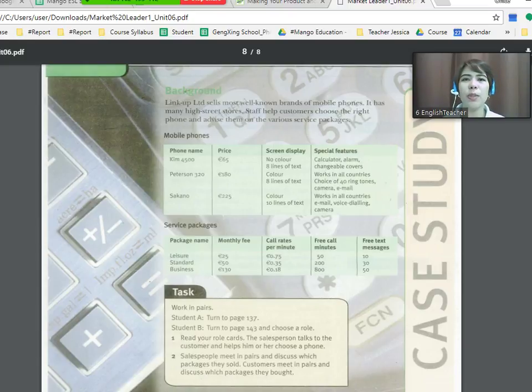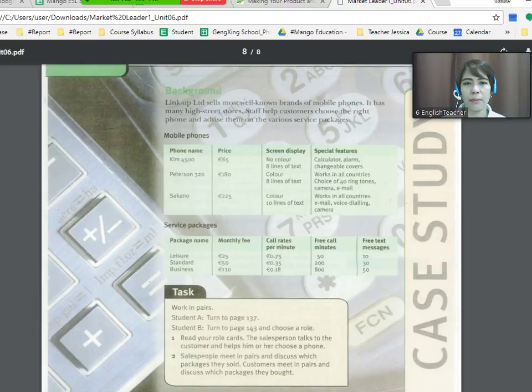Okay, now let's try to move on to the service package. Okay, so for the package name, we have leisure, standard, and business. For the leisure, the monthly fee is 25 euros. For the standard, we have 50 euros. And for the business, we have 130 euros.